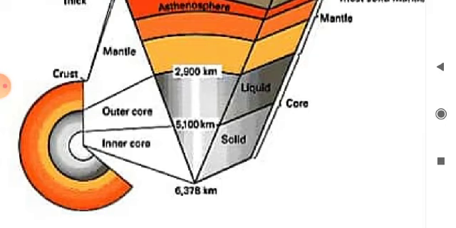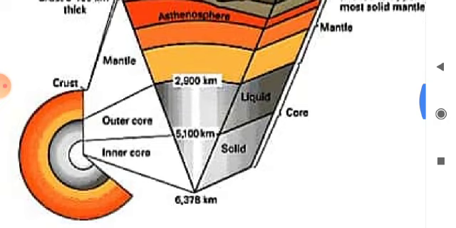Okay. The density of this layer ranges from 14.5 to 16, and the temperature also increases sharply with descent into the earth until it may reach at least 4000 degrees Celsius.